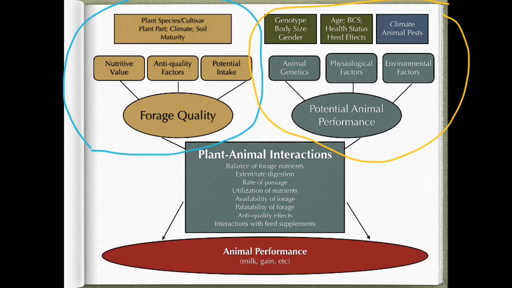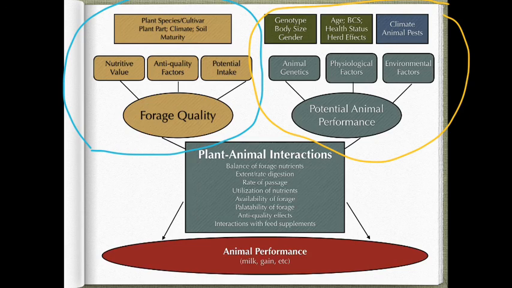And all of those dynamics, and you throw in climate, pests, and all of that, it's going to come down to three major factors that are going to affect the potential for animal performance. Notice I say the potential, not animal performance directly, but what could happen. And so that's going to break down to genetics. What's the ability of that animal from a DNA standpoint? Physiological factors, things that are going on in the animal's life that may affect its animal performance, and environmental factors. What's happening? Are we under cold stress, heat stress, something like that?